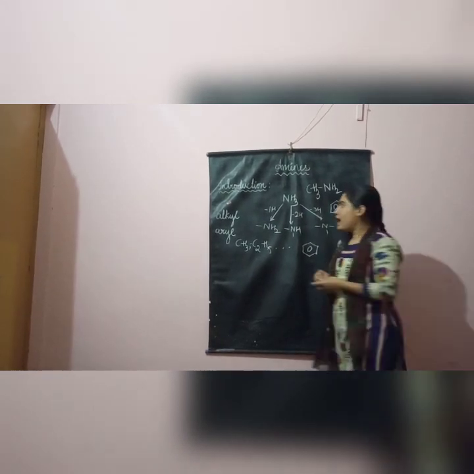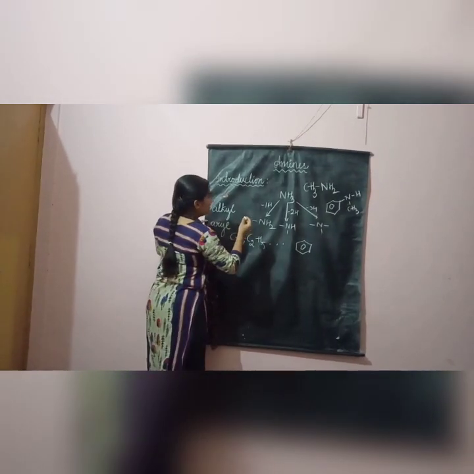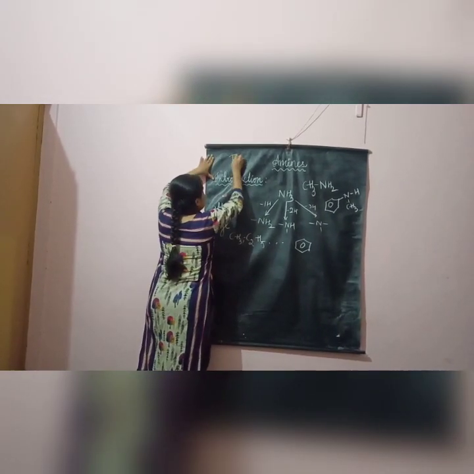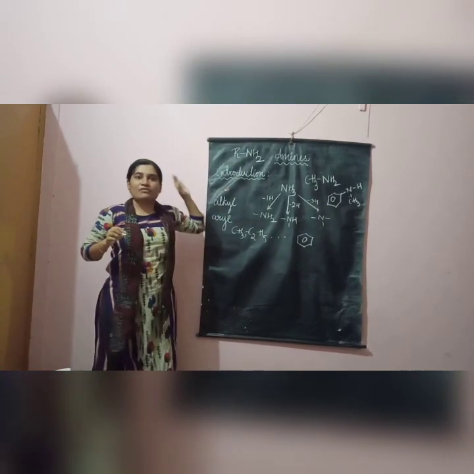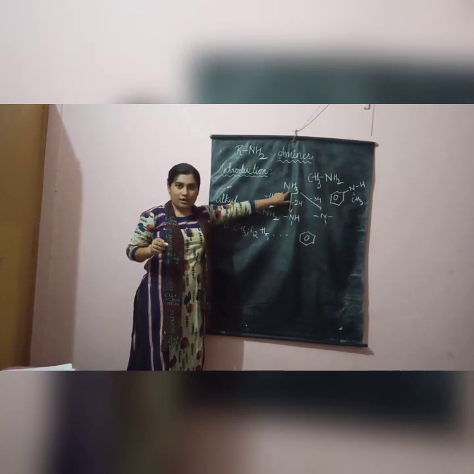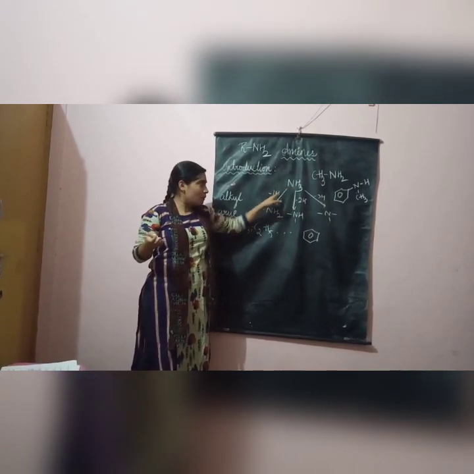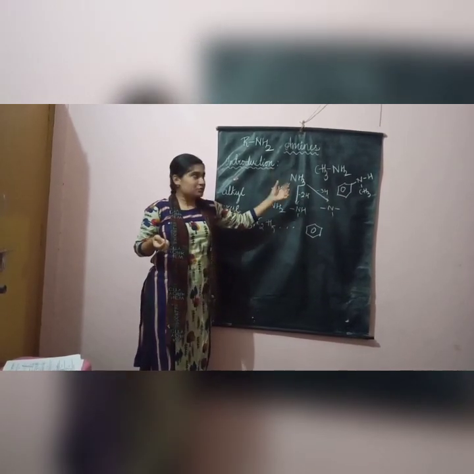In general, if I have to represent an amine, I'll write it as RNH2. So the definition of amine is a derivative of ammonia. How is it obtained? It is obtained by replacing 1, 2 or all 3 hydrogens of ammonia.